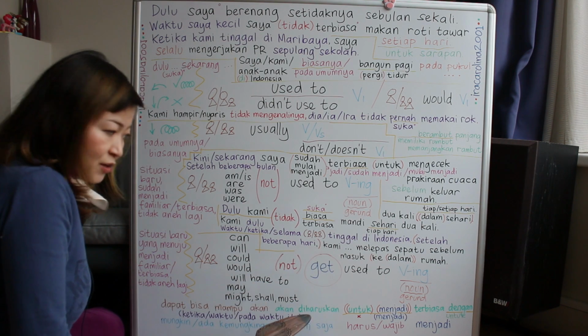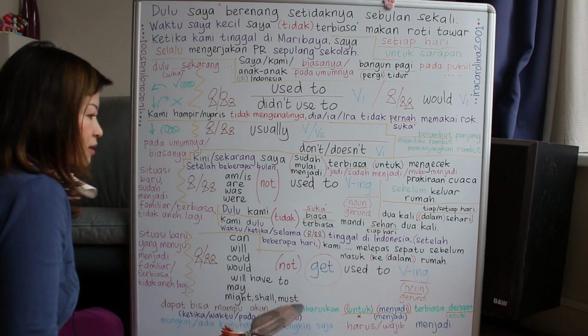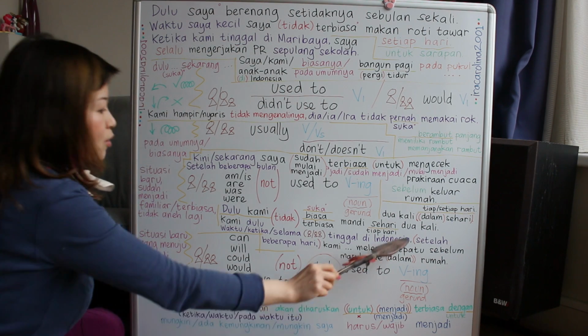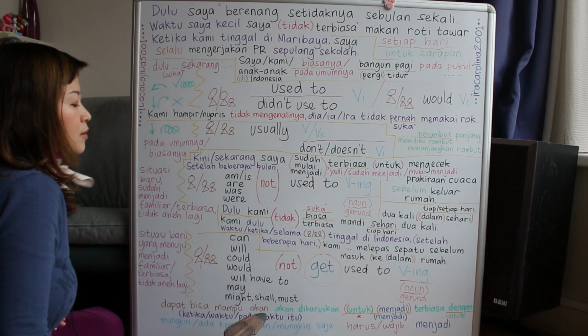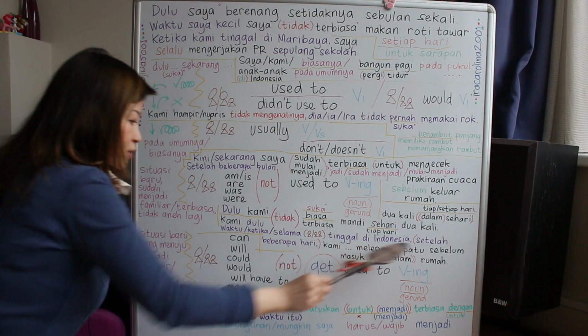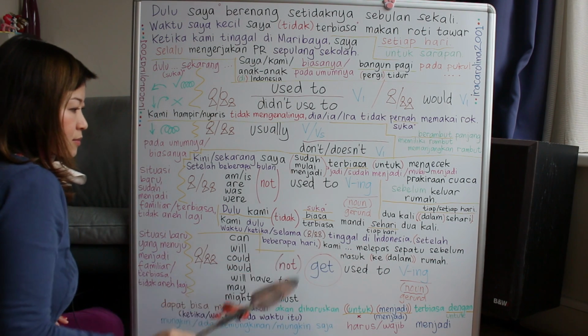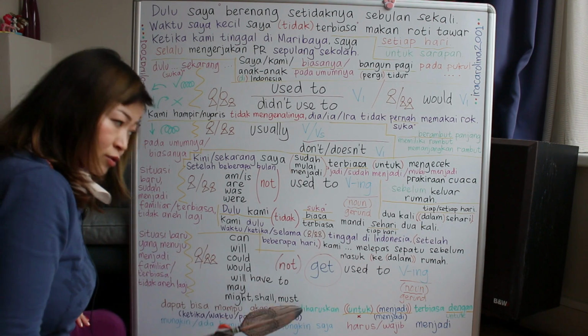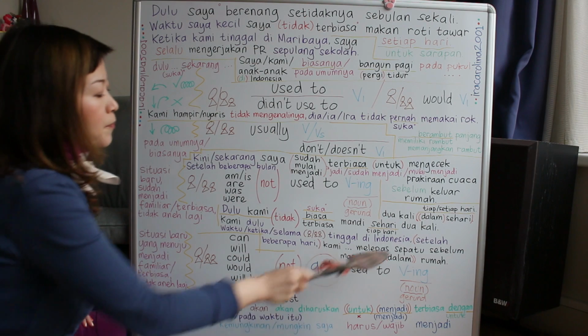Tinggal, live, di, in, Indonesia, comma. You can use this or you can skip. If you want to use it, it's okay. If you want to skip, also it's okay.